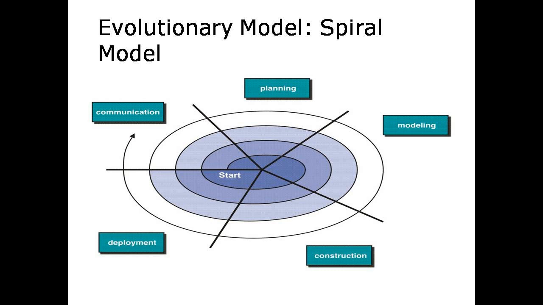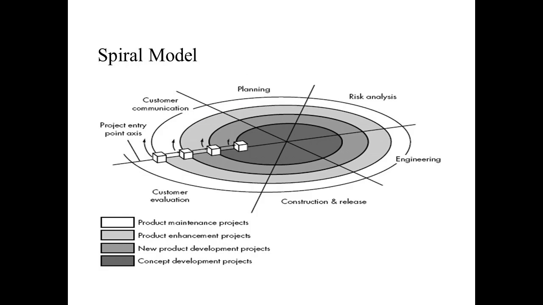There are several advantages of the spiral model. The spiral model avoids problems by using a risk-driven approach in software development. The second advantage is that the spiral model specifies a mechanism for software quality assurance.